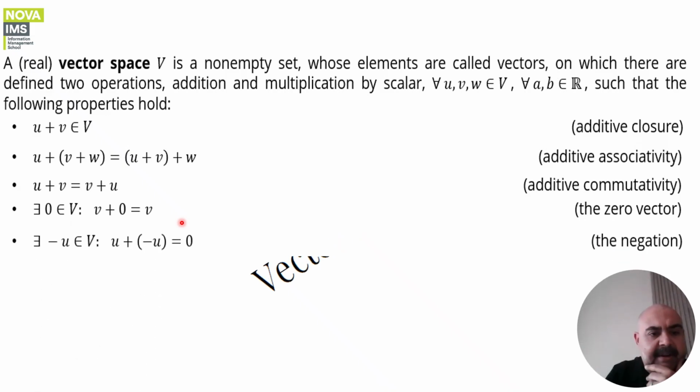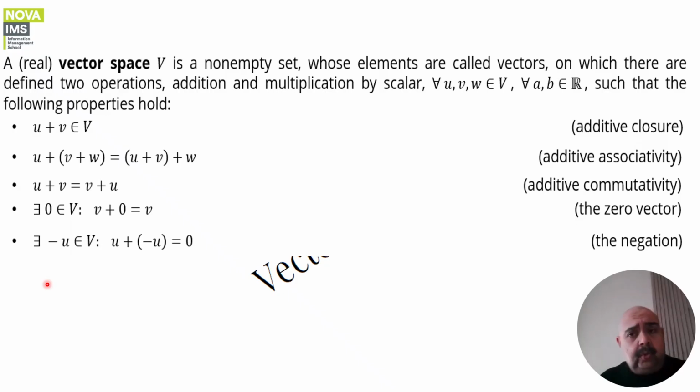The property after this is the existence of the symmetry, or the existence of the negation, or the existence of the inverse or the reverse. What I want to say is the existence of the negative value of your vector. So if I have vector 1 and 1, I should have the vector negative 1 and negative 1.